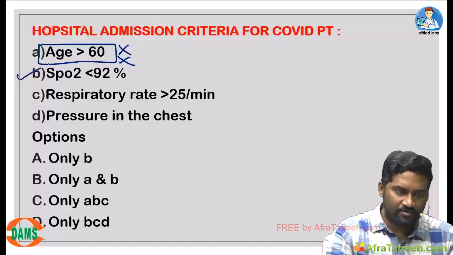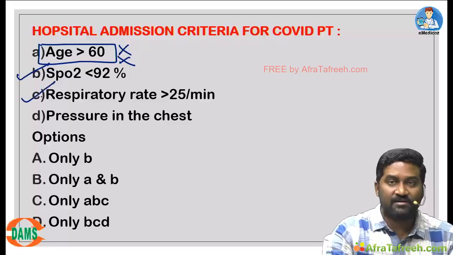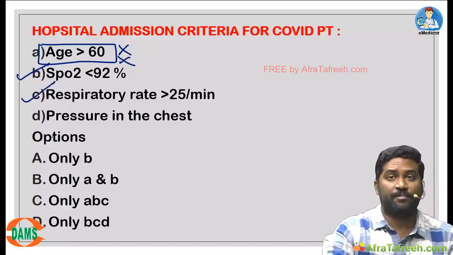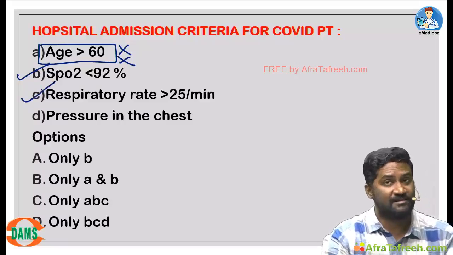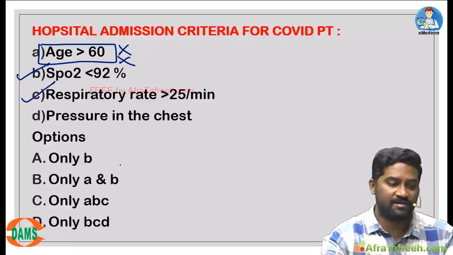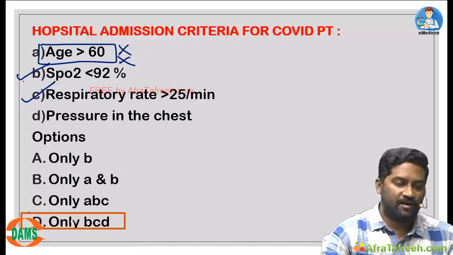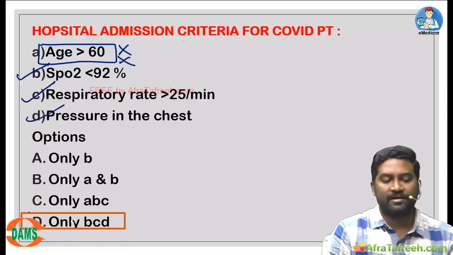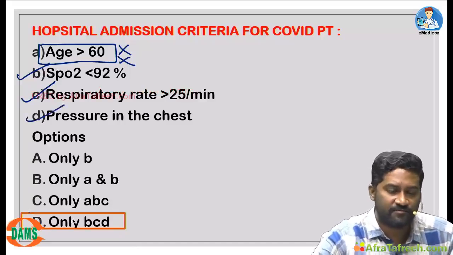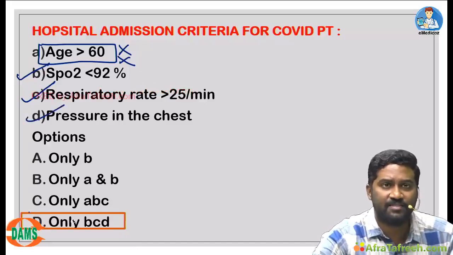SpO2 less than 92, yes. Respiratory rate more than 25, yes. Pressure in the chest, so persisting chest pain is also an admission criterion. So the answer is only B, C, D: SpO2 less than 92, respiratory rate more than 25, and persistent pain in the chest.